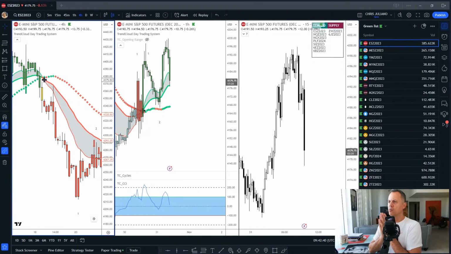So what I like to do is, you put TrendCloud in the hands of the right people. Guys like us, like we're hanging out here. We're in this live room. We're having discussions about the process, right? You put TrendCloud in the hands of someone who really loves the process, and they're going to make money.